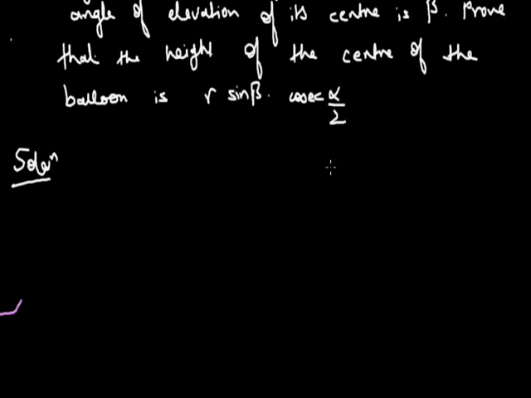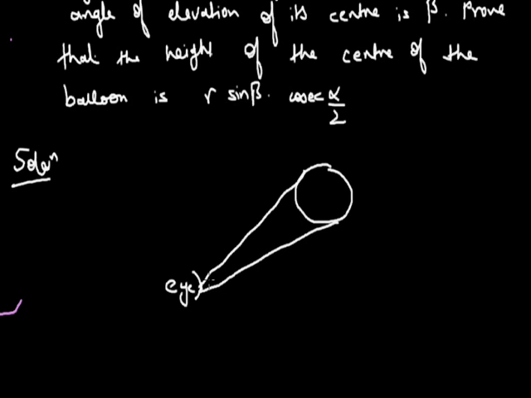First we'll take the balloon. This is the eye of the observer. The balloon is making an angle alpha at the eye of the observer, while the angle of elevation of the center of the balloon, let's take this is the center of the balloon, with the eye of the observer is given as beta.